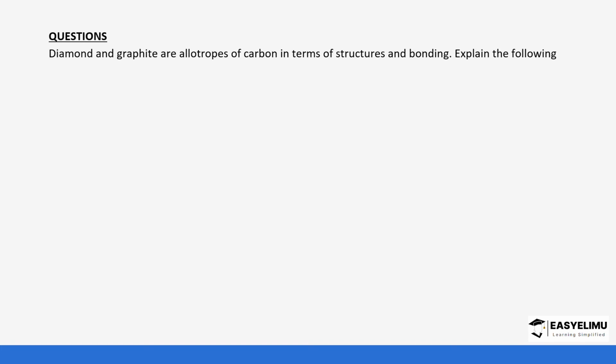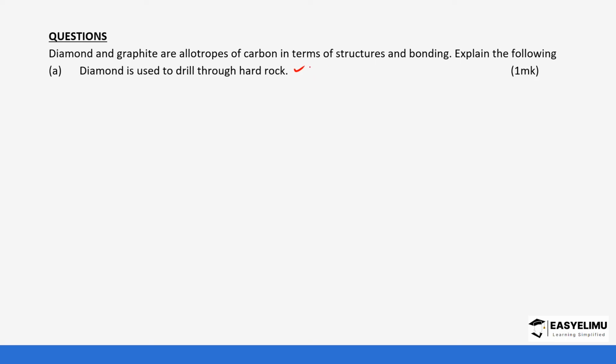So let's look at a few questions in regards to what we have discussed. Diamond and graphite are allotropes of carbon. In terms of structure and bonding, explain why diamond is used to drill through hard rocks. Basically, you're being asked why diamond is hard.